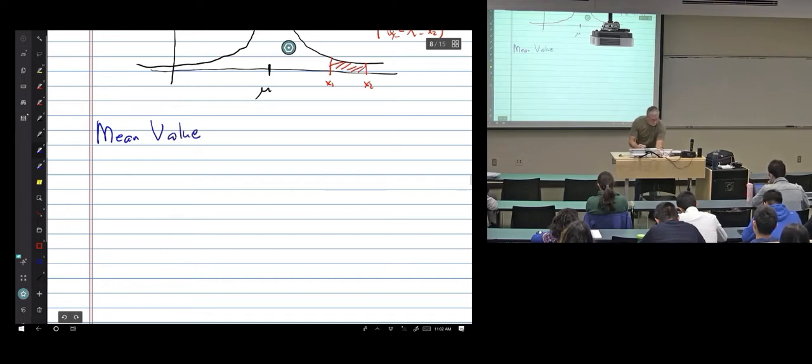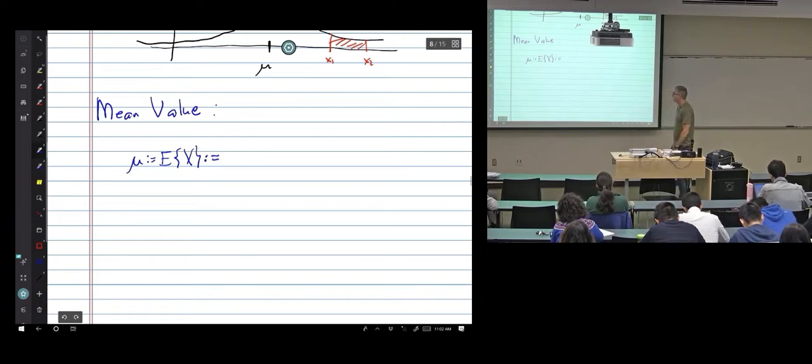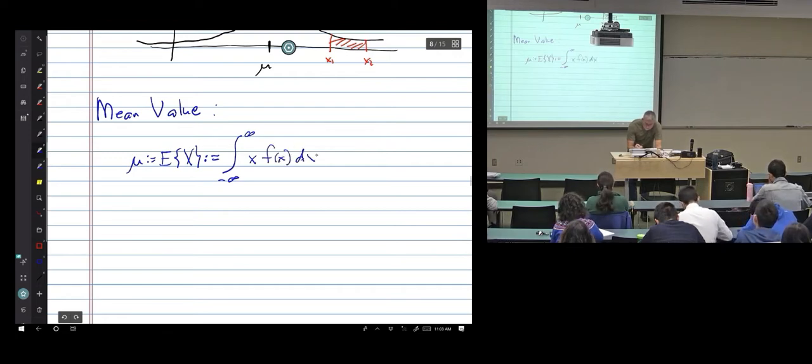Okay, so let's define this mean value. Mu, by definition, we'll call the expected value of x. It is simply you integrate x f of x dx.